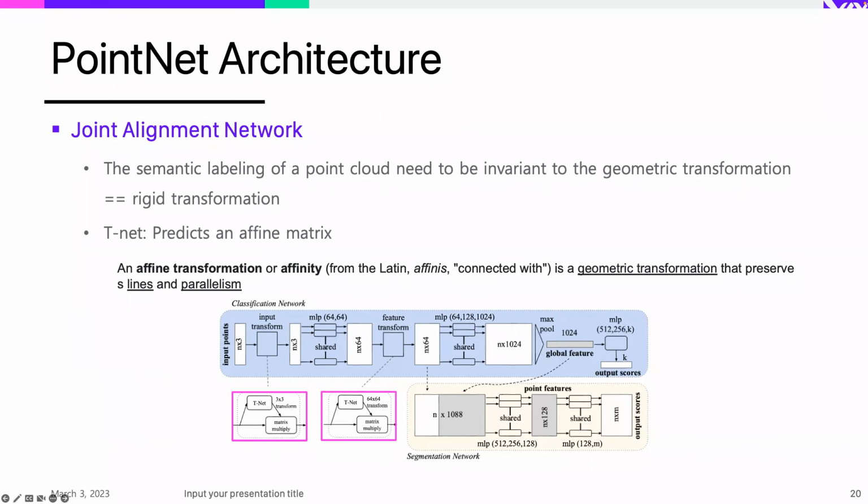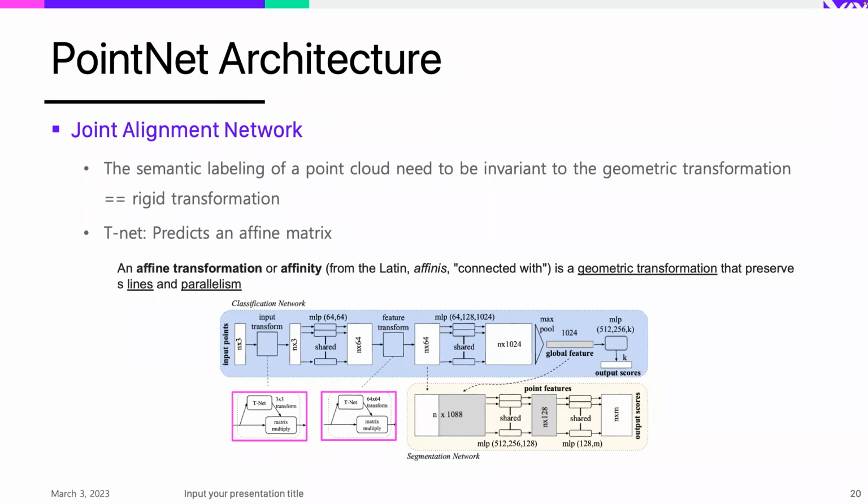So the last one is the joint alignment network. The semantic labeling of a point cloud needs to be invariant to geometric transformations, such as rigid transformation. They are not considering scaling because it changes the linearity of the points.